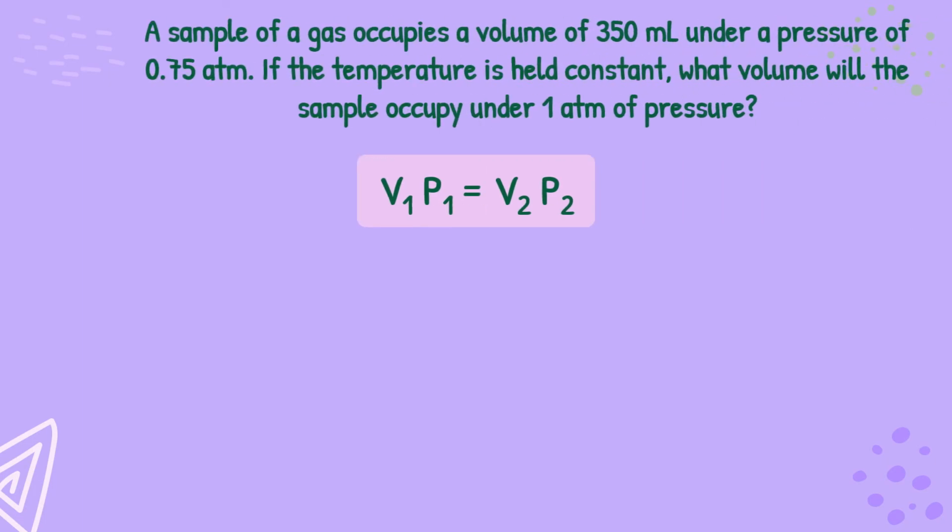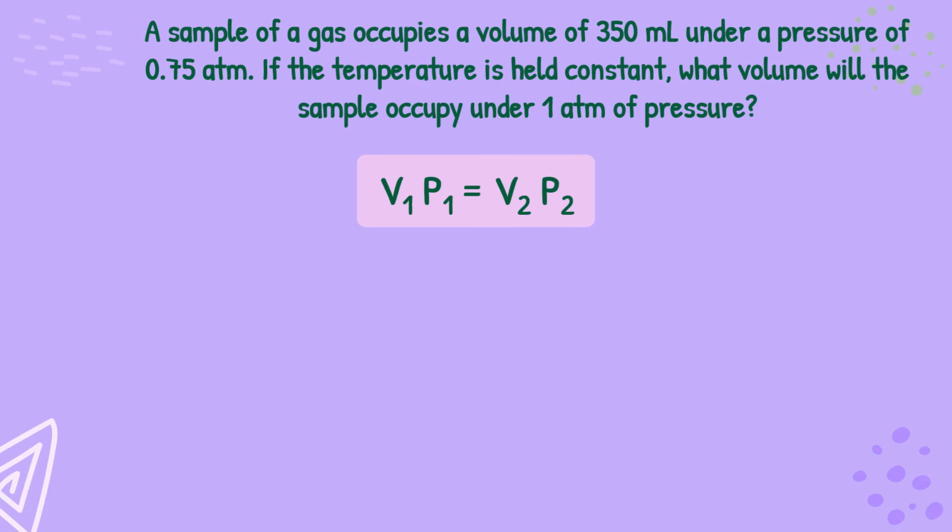Now let's have another example. So let's say a sample of a gas occupies a volume of 350 milliliter under a pressure of 0.75 atm, or atmospheric pressure. If the temperature is held constant, what volume will the sample occupy under 1 atmospheric pressure? So to do that, we need to identify the given quantities.